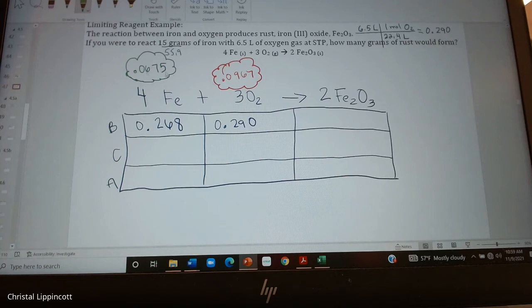How'd you get 0.0675? Because I got, like, the last number I got 1. So 0.268 divided by 4. Because I used 0.2683 divided by 4, and I got 0.06. Okay, so 15 divided by 55.9 is 0.268.